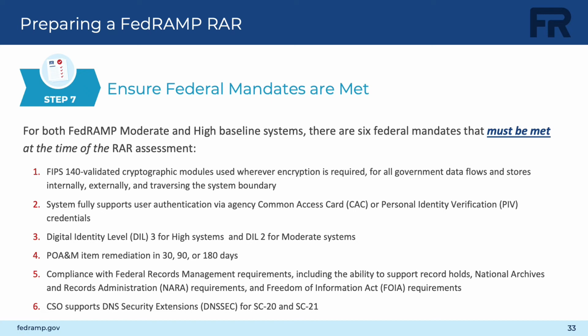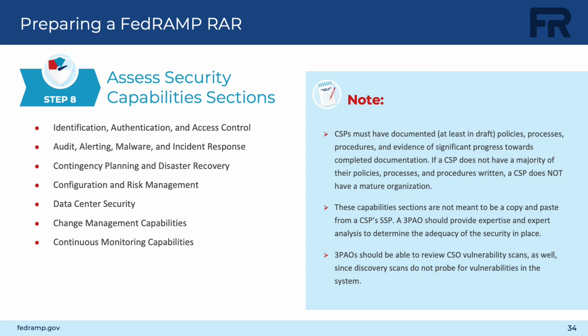RARs do not have POA&M items and do not have authorizing official concurrence on the acceptance of risk. While there are degrees of implementation with the CSO's capabilities, these 6 items must be met when the RAR is submitted. Step 8 in preparing a FedRAMP Readiness Assessment Report is to assess security capability sections.